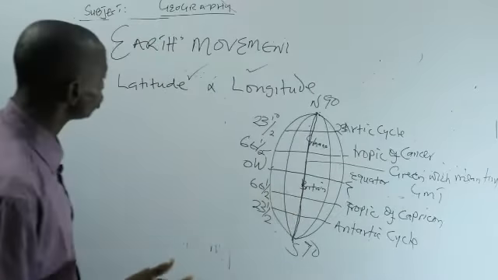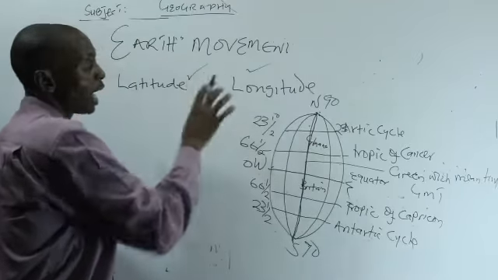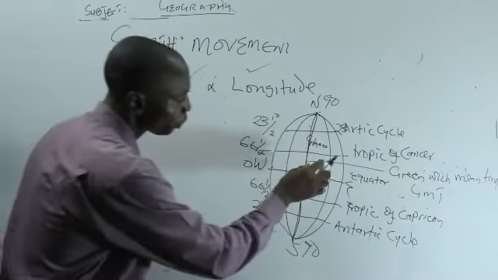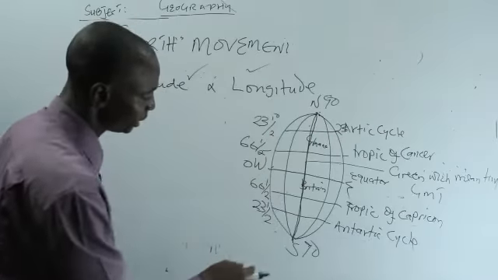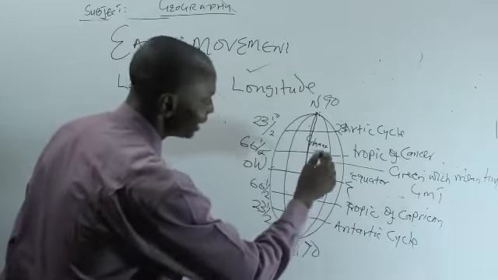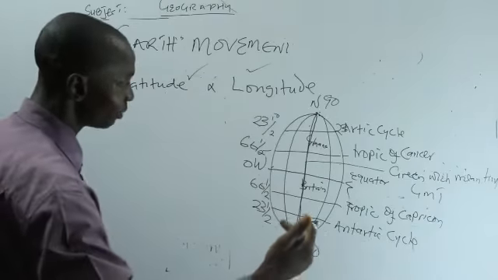I'm explaining this because of what we are discussing, latitude and longitude. So if you are in the east, like Nigeria, we are located at the east. That is why we are 1 hour ahead of Ghana.